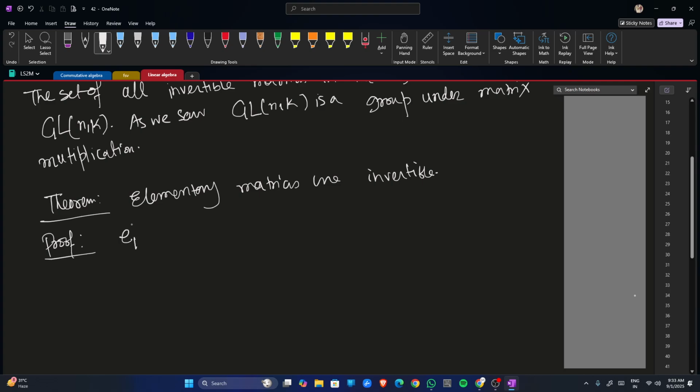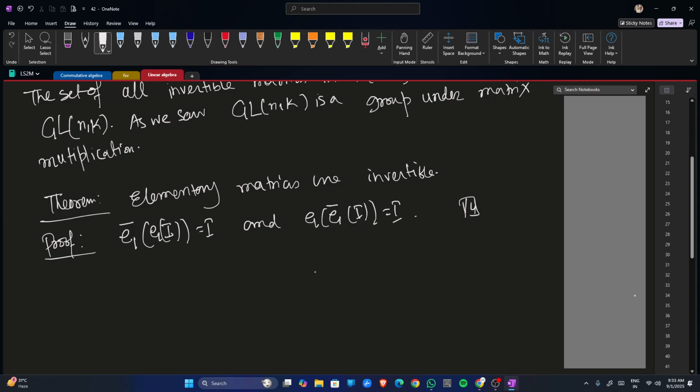E1, I am denoting the inverse operation of E1, or let's say E bar. E1 of I is I, and E1 of E1 bar of I. Now complete the proof.